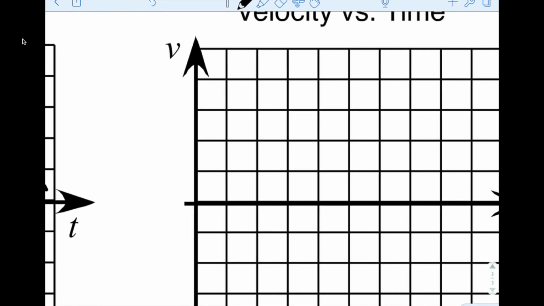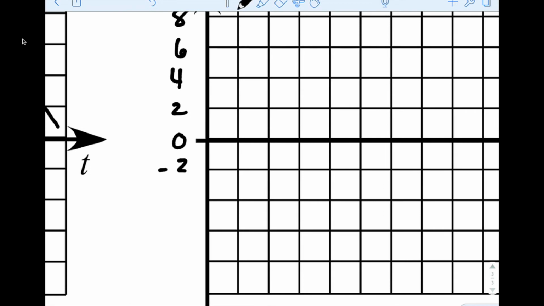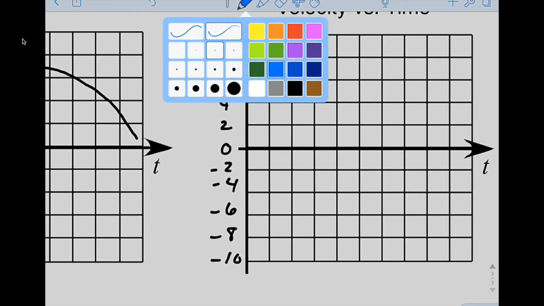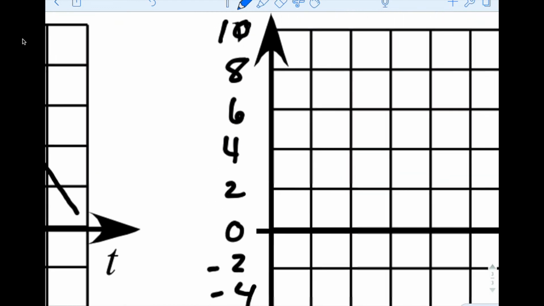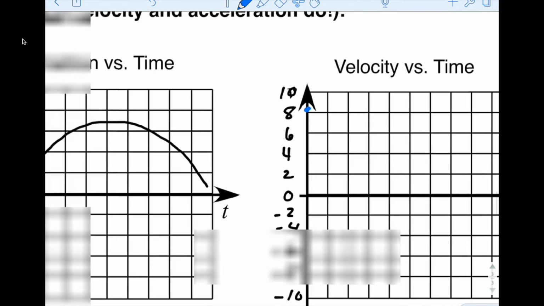So I probably need to do something like 0, 2, 4, 6, 8, 10, and then -2, -4, -6, -8, -10. My starting point is going to be at the very beginning when time is 0, just a little bit over 8, so right about there.